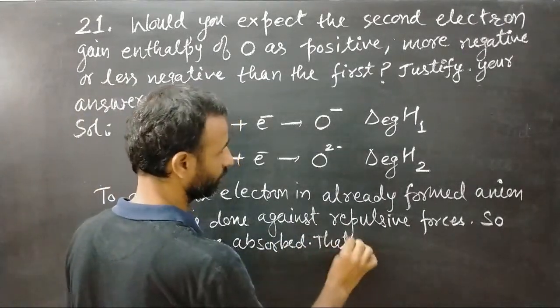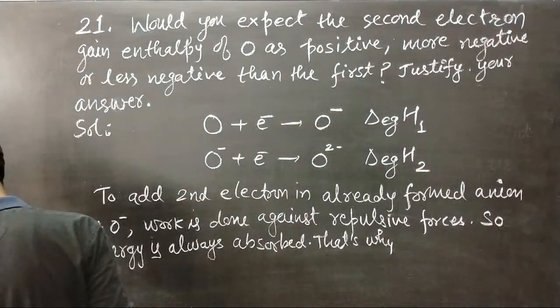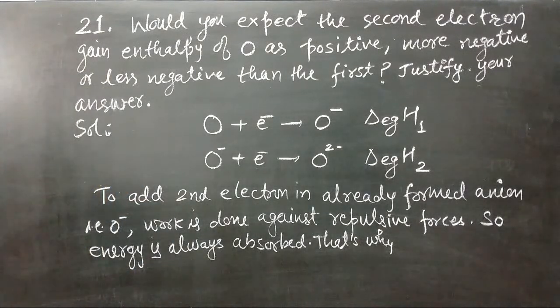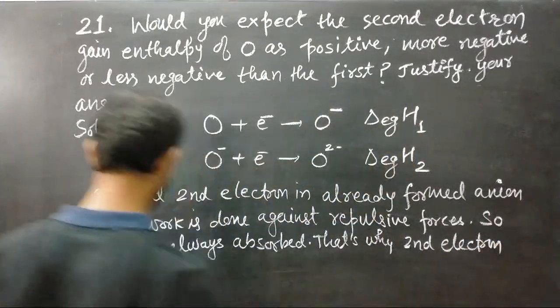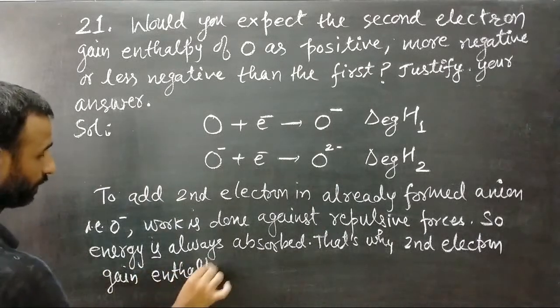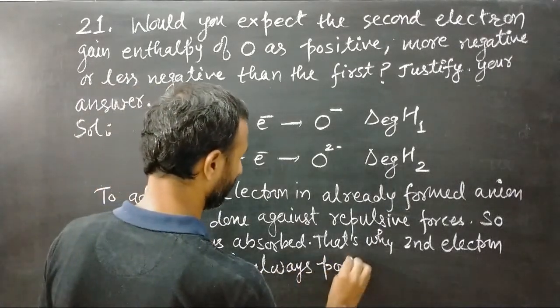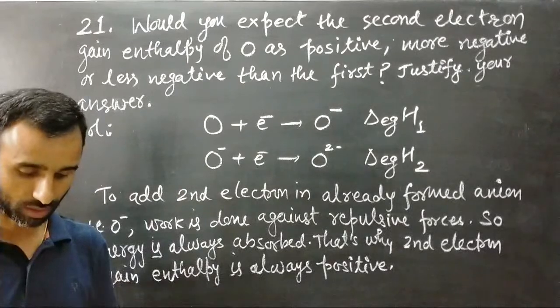That's why the second electron gain enthalpy is always positive.